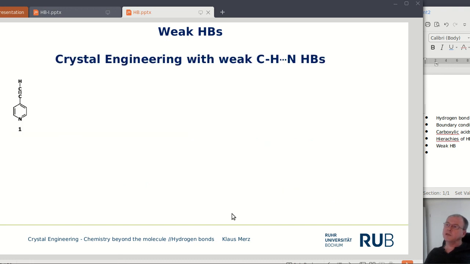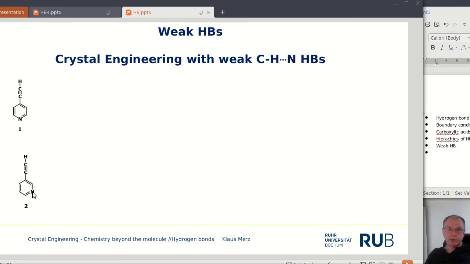For example, I will show you how you can use it. Looking at this molecule, it's a pyridine with a substituent, a C-H triple bond. And here in this case is nearly the same.